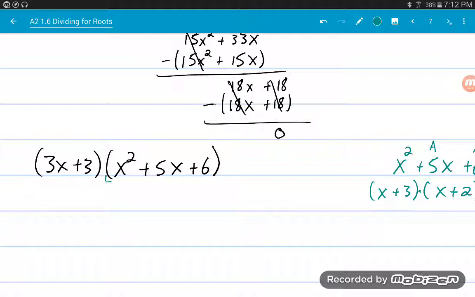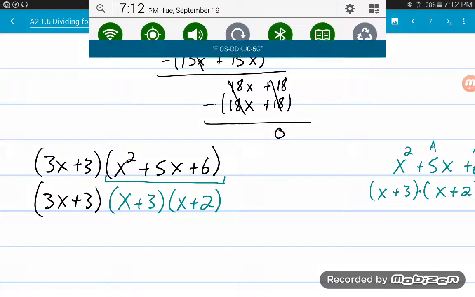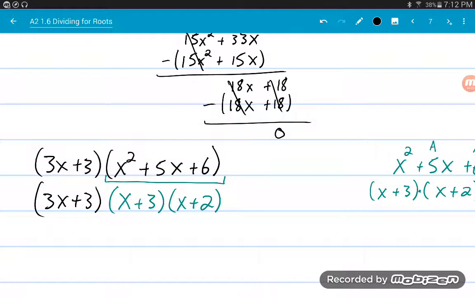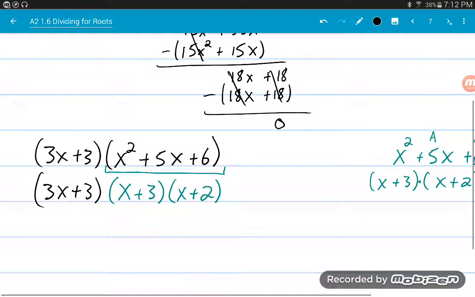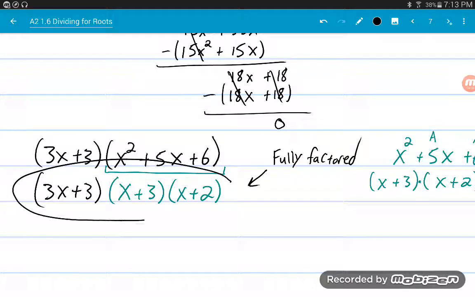So this guy right here is going to get factored into x plus 3, x plus 2. I'm going to bring down the 3x plus 3. Now this is fully factored. And this right here, fully factored. But I don't just want it to be factored, I want the roots.